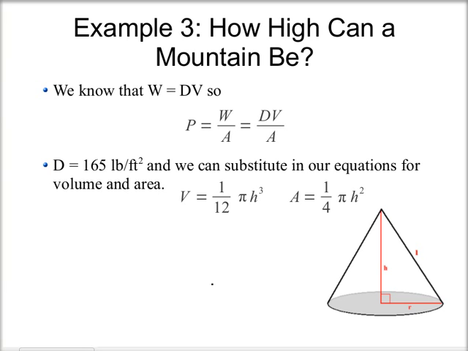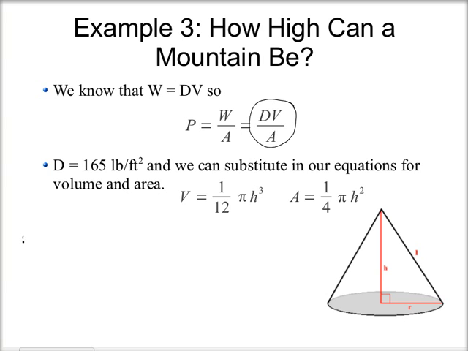So to get the pressure, we're going to take the weight divided by area, or density times volume divided by area. I've been given my density, and I've got formulas for volume and area, so we're going to use this formula and just substitute in our equations for volume and area.